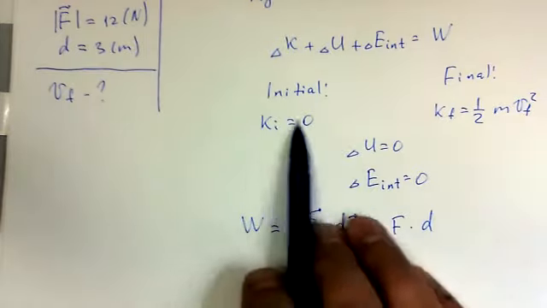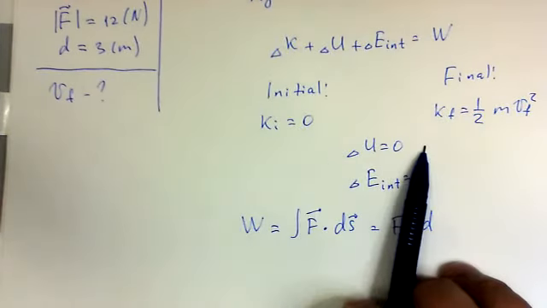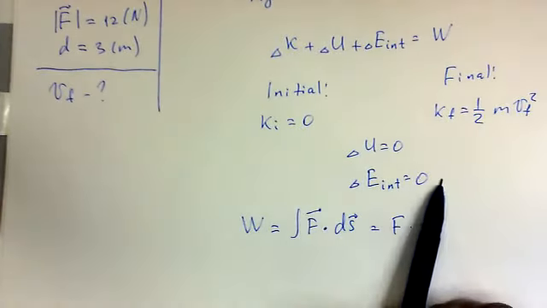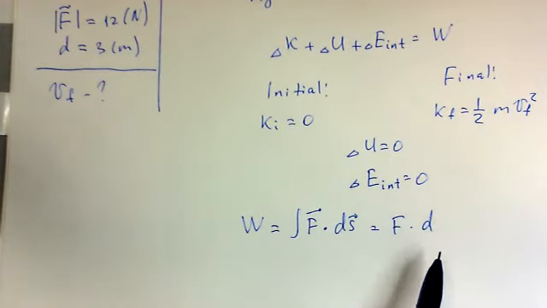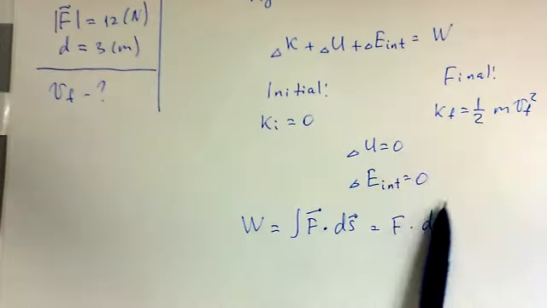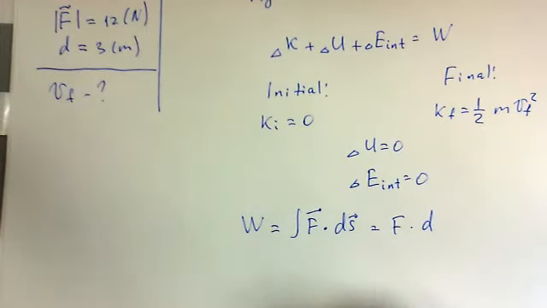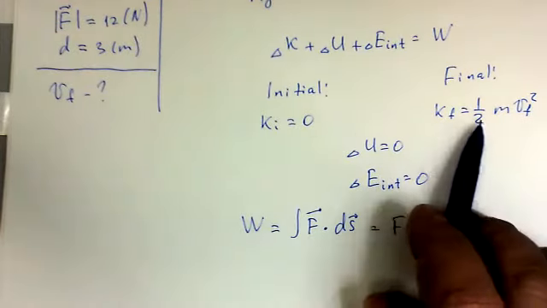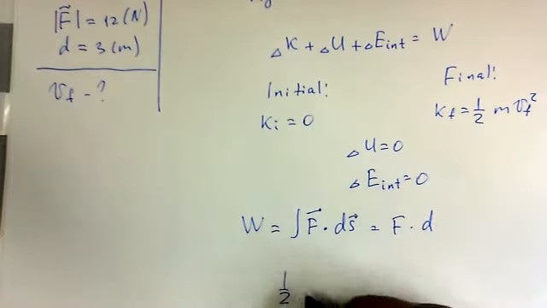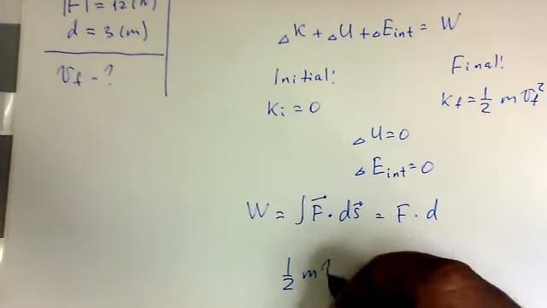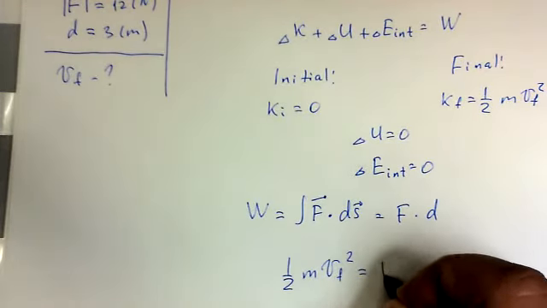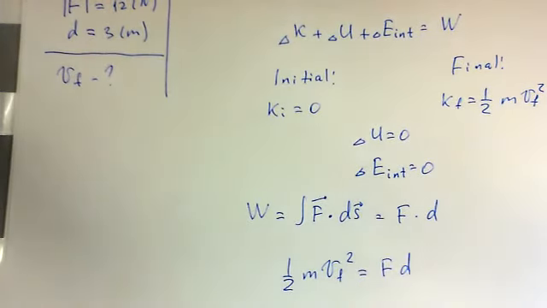So the change of kinetic energy plus the change of gravitational potential energy plus the change of internal energy equals the work. Let's combine all these formulas, and we obtain that the change of kinetic energy, K final minus K initial, is 1/2 m v final squared, which equals Fd.